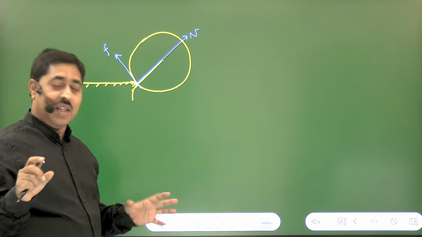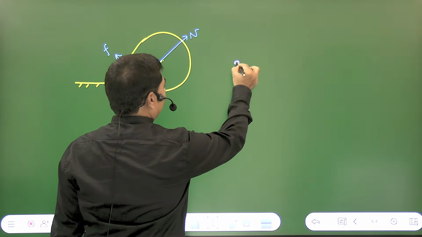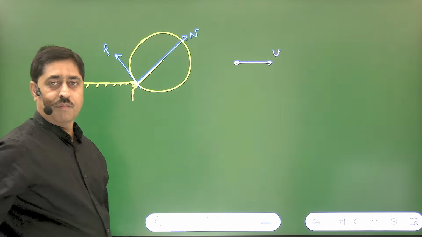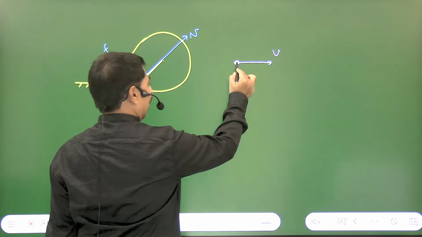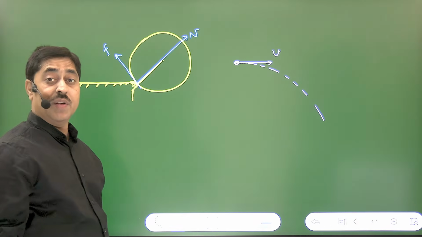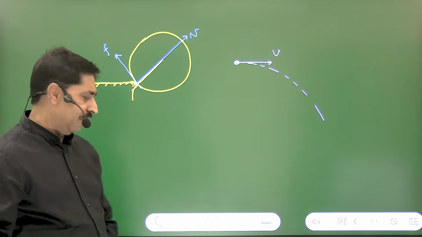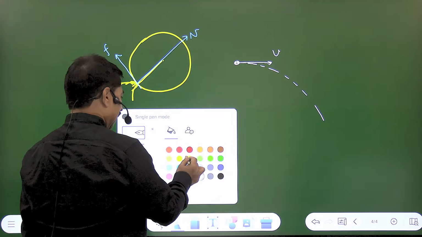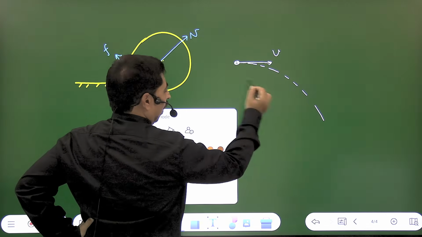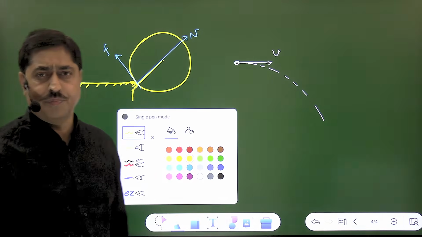Now, think of a particle which has been projected with speed v horizontally. It will move on a parabolic path, all of us know that. What is the radius of curvature of the path at this point? Radius of curvature means, for a moment we will have to assume that this parabolic path is made up of pieces of many circular paths.